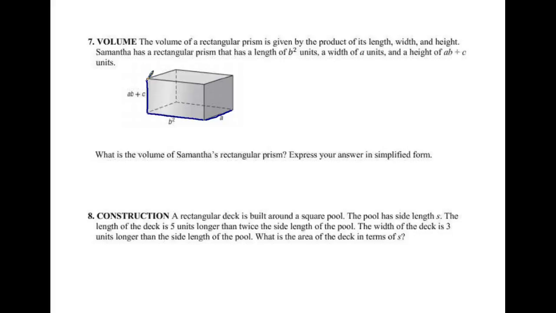So the easiest thing to do is just multiply the single variables, right? So first you need to multiply A times B squared, which is AB squared, right? Then you need to multiply this by the height, which is AB plus C. Do one step at a time.